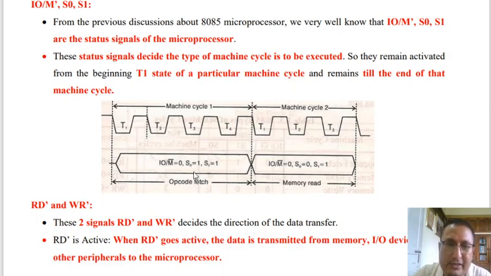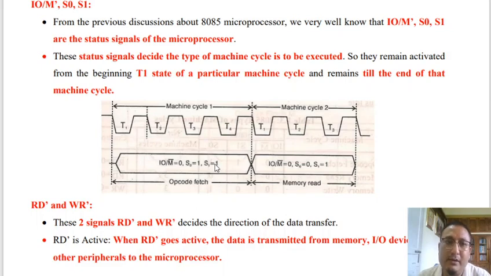As represented in the diagram here, this is the opcode fetch machine cycle. Since the opcode pertaining to an instruction is stored in the memory, it's a memory operation, so it will be 0. Since it's a fetch operation, the values of S0 and S1 will be 1, 1. This is the way the signals are represented.